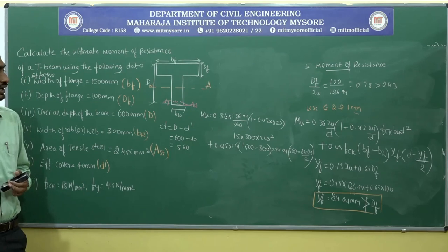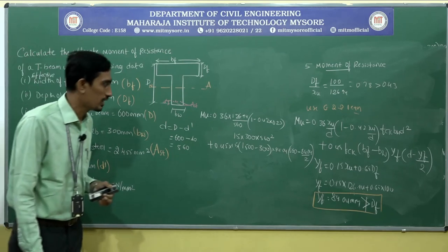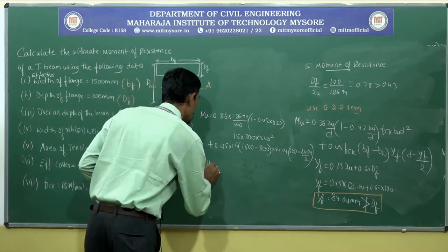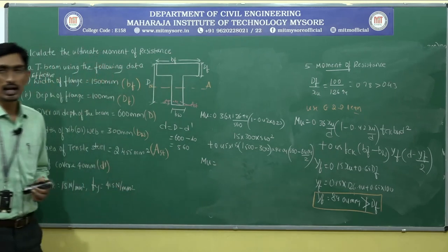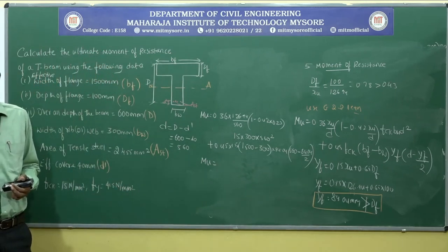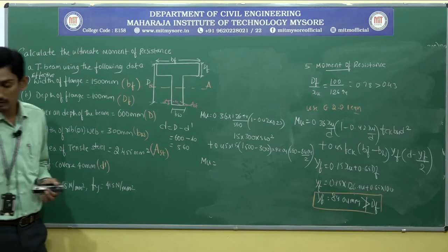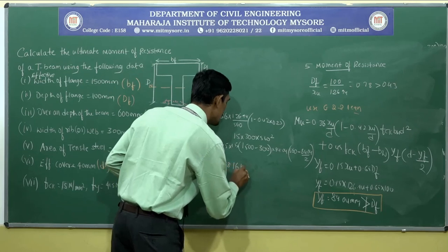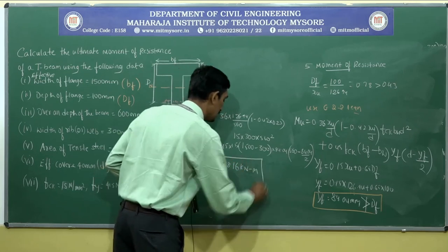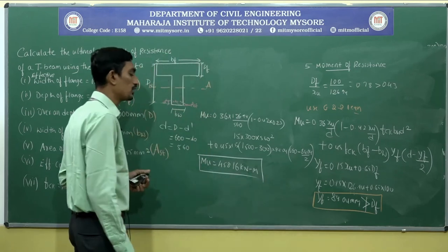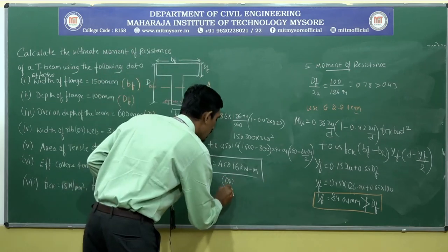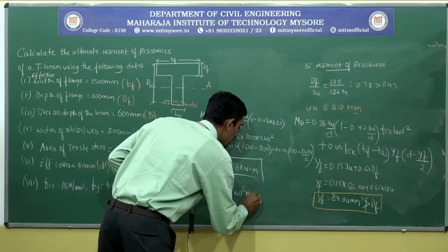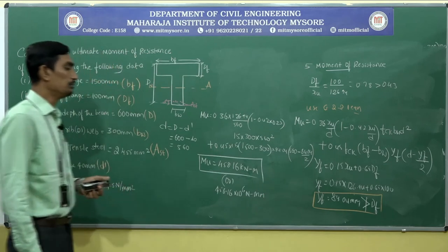Like this we need to substitute and recheck once whether I have substituted properly or not. After rechecking, work it out in the calculator and we arrive at the answer, that is our ultimate moment of resistance equal to 458.16 kilonewton meter, or 458.16 times 10 to the power of 6 Newton millimeter.